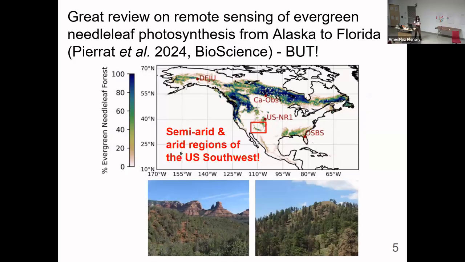But one thing I noticed in this review was the lack of studies applying these tools in semi-arid and arid regions, such as the US Southwest, where evergreen conifers form the foundations of the woodlands and forests. Since these ecosystems are limited by not only temperature, but also water availability, this could result in unique patterns of canopy phenology and phenological controls over land-atmosphere fluxes.